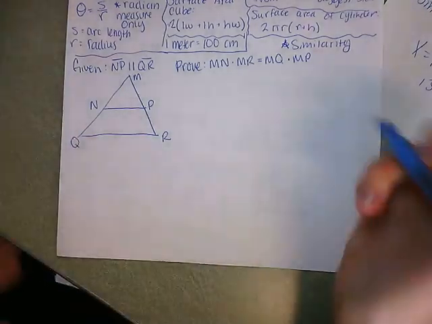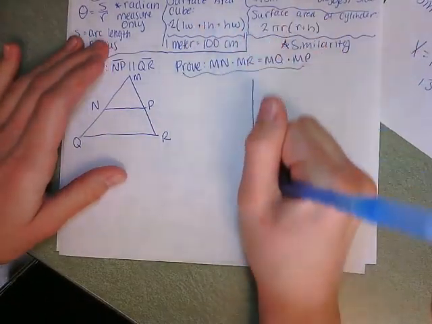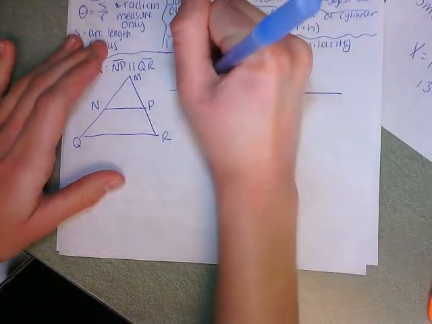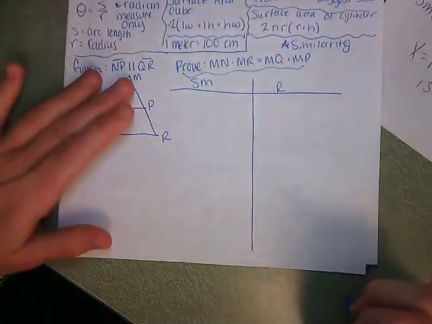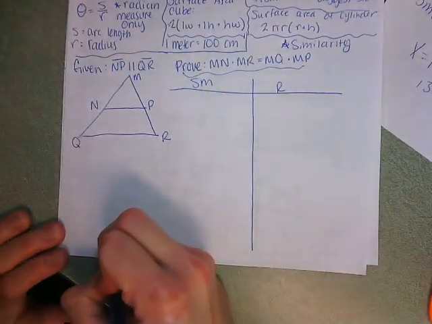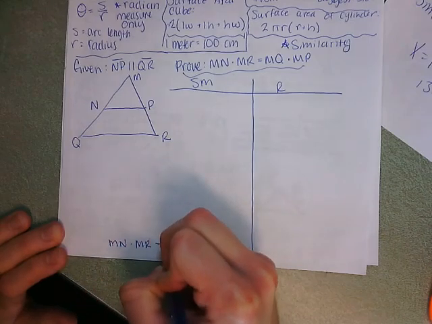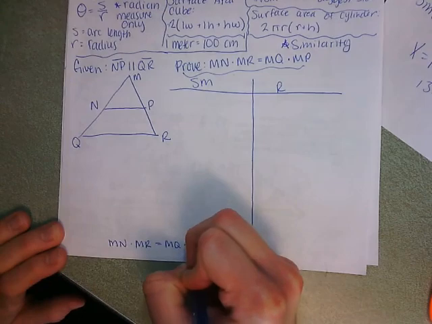Now, this is always the last thing that we have. What you're trying to prove is always our last reason. So statements and then reasons. So this is our last step: MN times MR is equal to MQ times MP.